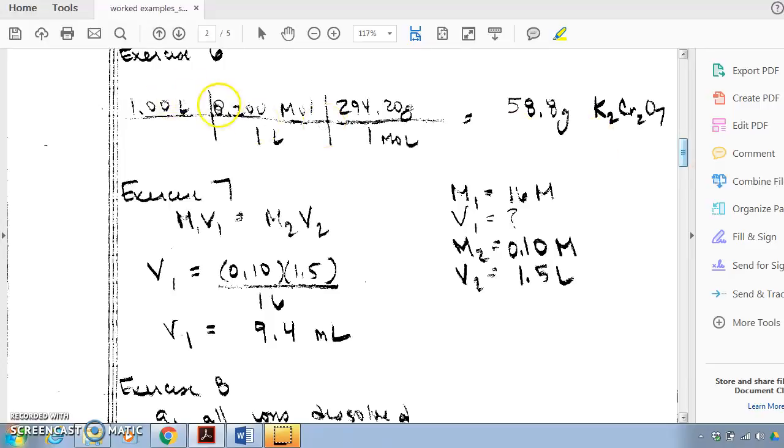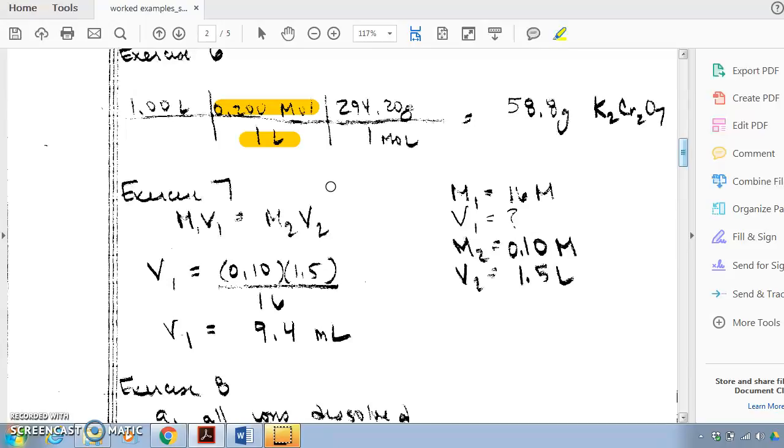Again, we're using molarity as a fraction style ratio, which relates moles per liter. So even though molarity is written as 0.200 capital M, what that really means is 0.200 moles of solute for every 1 liter of solution.